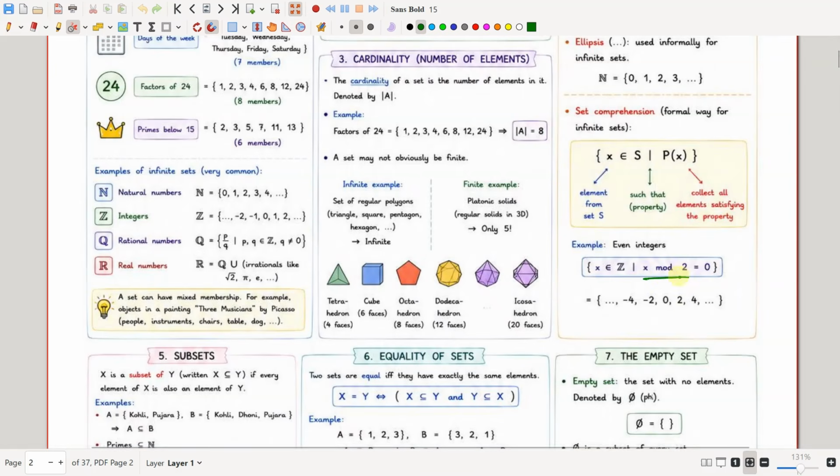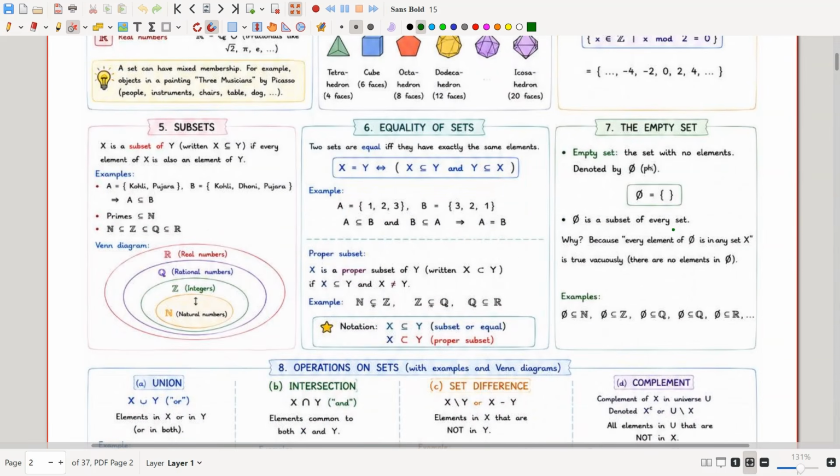When x divided by 2 leaves remainder 0, the number is an even number, right? So our set will contain all the integers which are even numbers. This is how we denote a set in set comprehension form. So there are 3 ways to denote a set: the first is the roster method, the second is the ellipsis method, and the third is the set comprehension method.